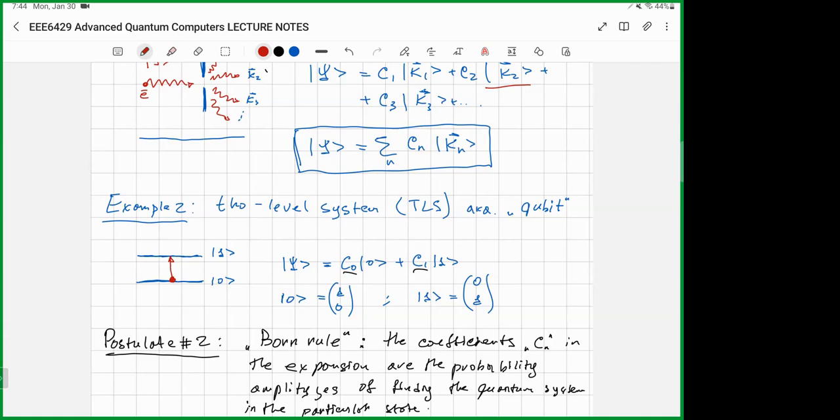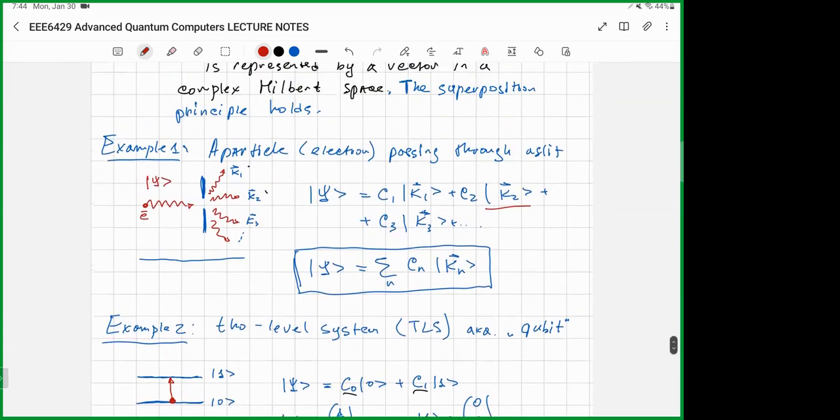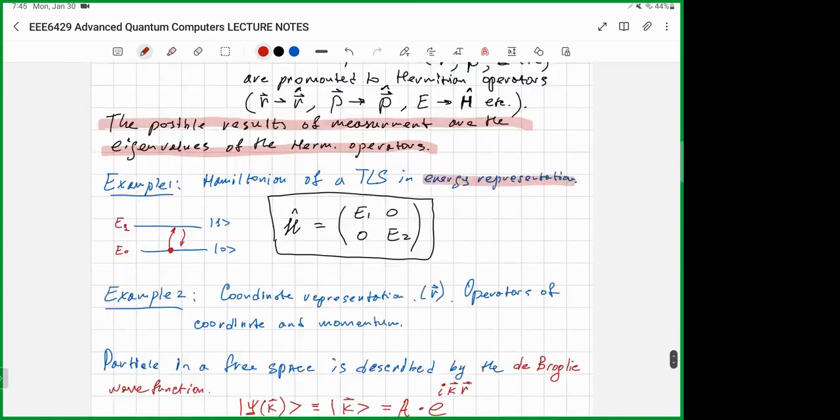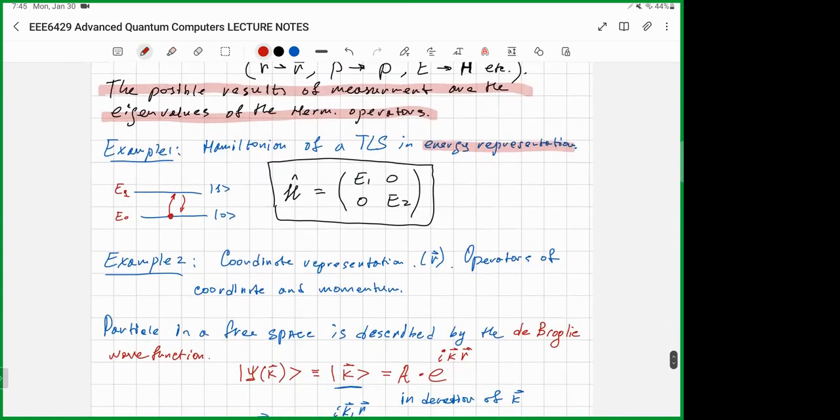But if you describe the system in the energy representation, then it's very easy. Your complex system can be in either the ground state or the excited state. That's it. So the operator of this complex system will be just a 2 by 2 matrix with 2 energies.